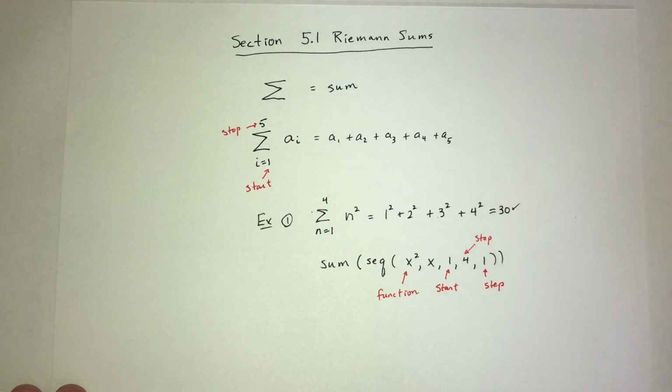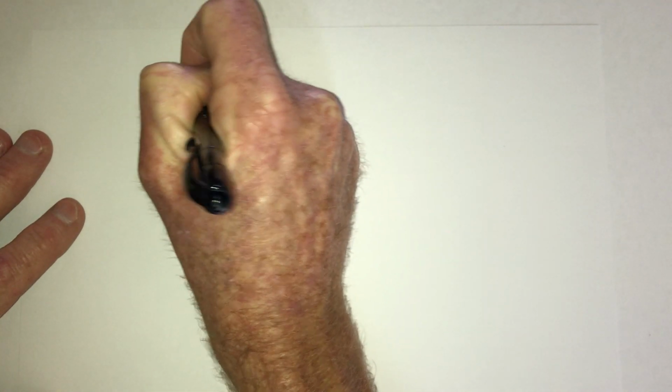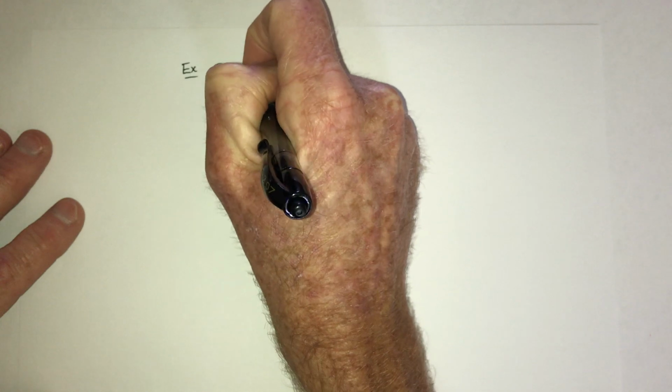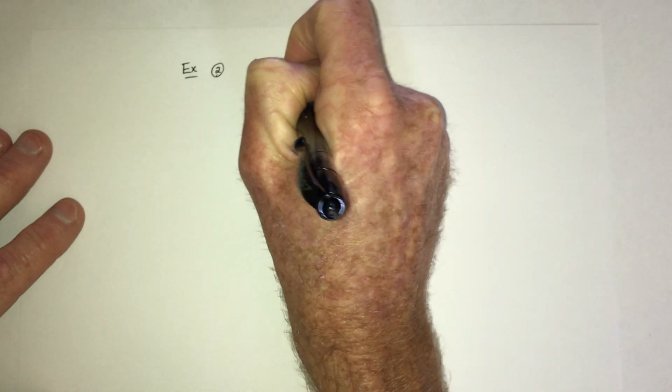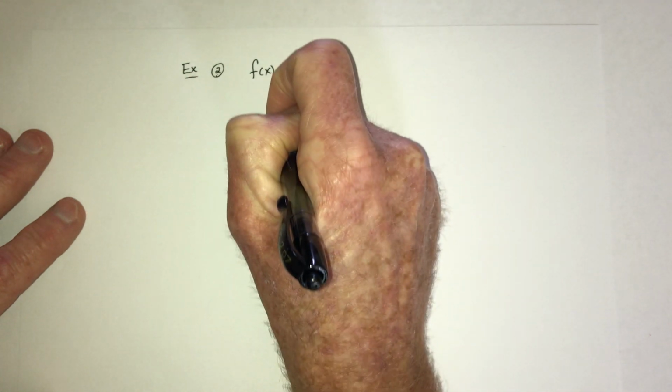Now we're going to be using that to find area under curves. So for example, number 2. Suppose that you have the function 2x plus 1.